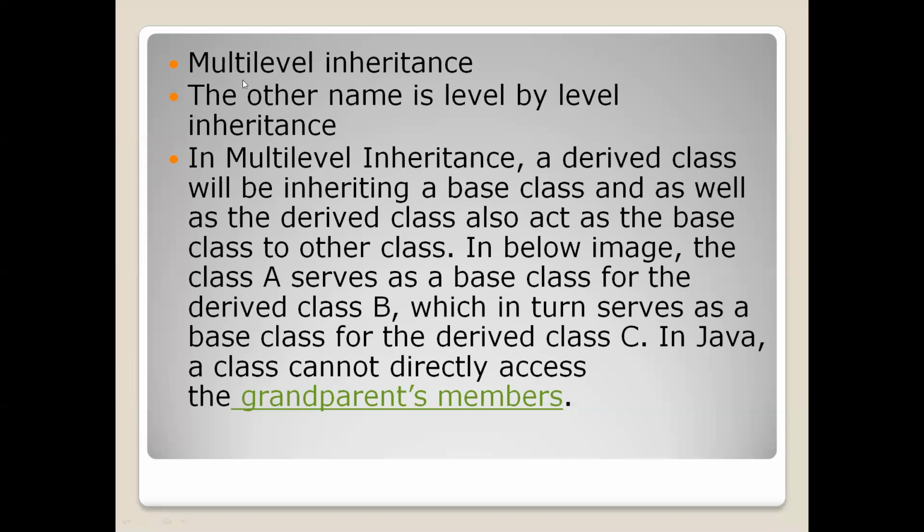The other name for this type of inheritance is level by level inheritance. So in multi-level inheritance, a derived class will be inheriting a base class, as well as a derived class also acts as a base class to another class.